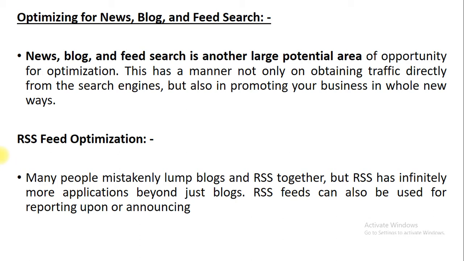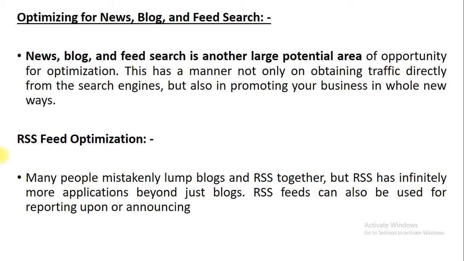Next is optimization of news, blog and feed search. This is the second level of search. Up till now we have completed three points: optimizing local search, optimizing image search, and optimizing for product search. Now we are going to study optimizing for news, blog and feed search.